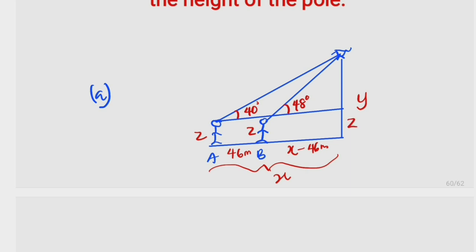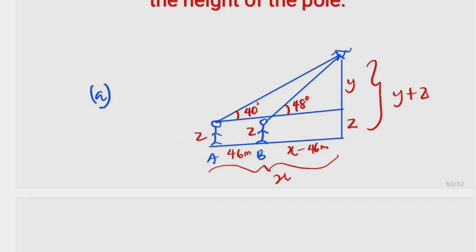So this portion will be z, and if we call this one y, the total height of the pole will be y plus z. But there is no way we can find the height of the pole without finding the value of z, which is impossible. So what the question wants from you is to neglect their height.